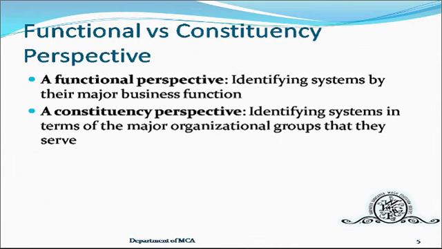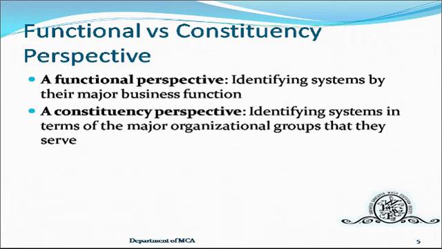Now, as no single system can provide all the information an organization needs, even small firms have a collection of different systems, like we can say email system, sales tracking system, etc. Different systems can be described through a functional perspective or a constituency perspective.